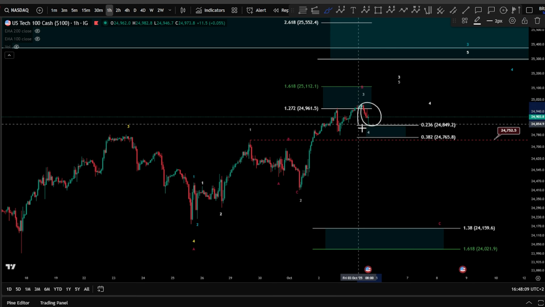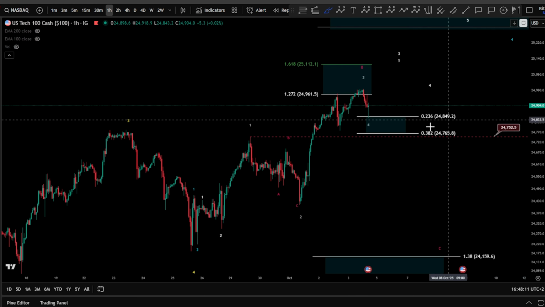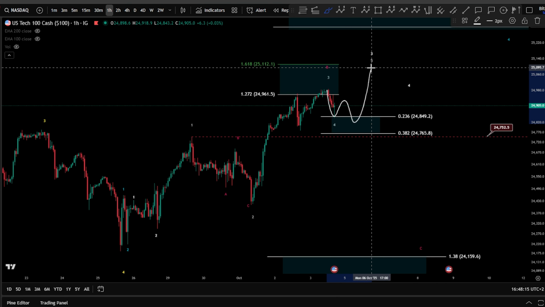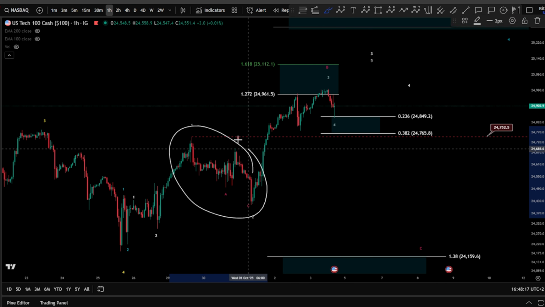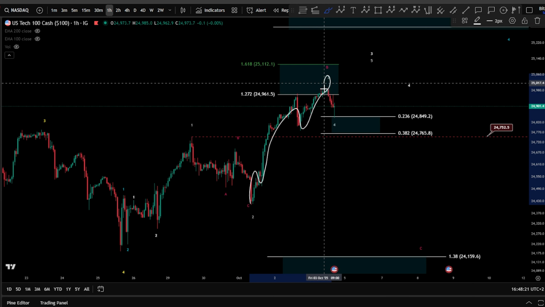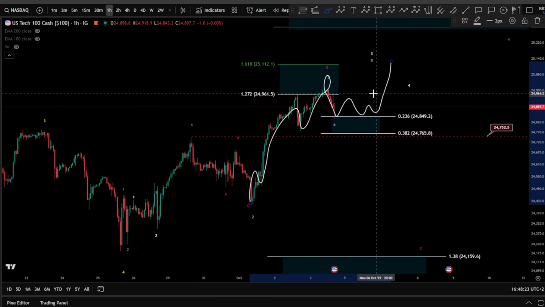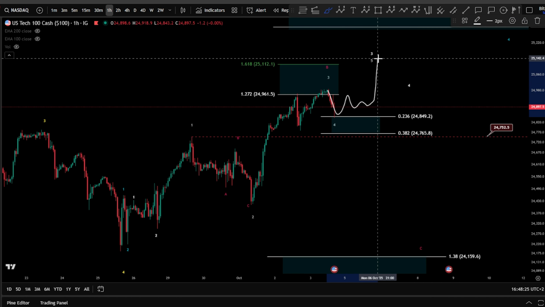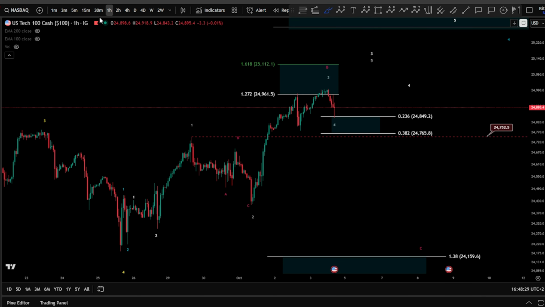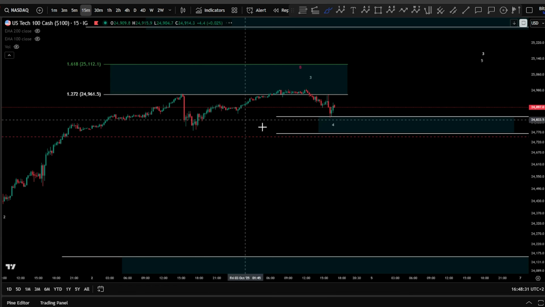I mean, this is of course still potentially a part of a wave 4, so basically it can be an A, B, and a C, and then moving toward the upside, because the wave 2 here is very long in time. And if we have here 1, 2, 3, 4, 5 finished wave 3, we're looking for wave 4. It can be even a triangle and then moving for higher. However, very nicely hit, of course, for the 0.23 here.